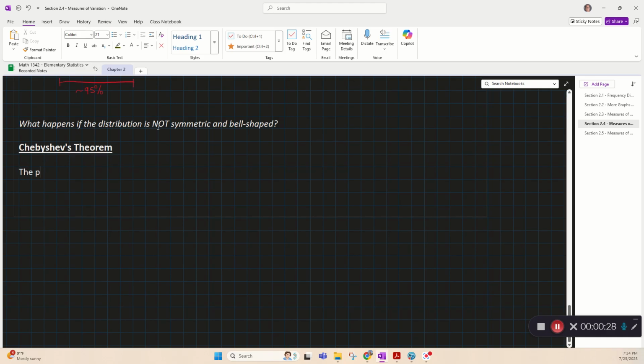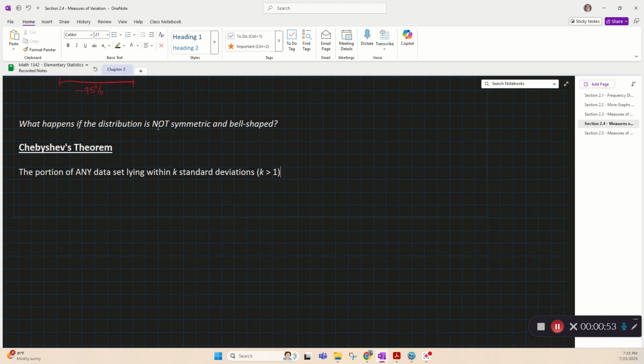Chebyshev's. This theorem tells us that the portion of any data set lying within K standard deviations, where K is greater than 1, of the mean is at least, and then I've got a formula here I have to put in.